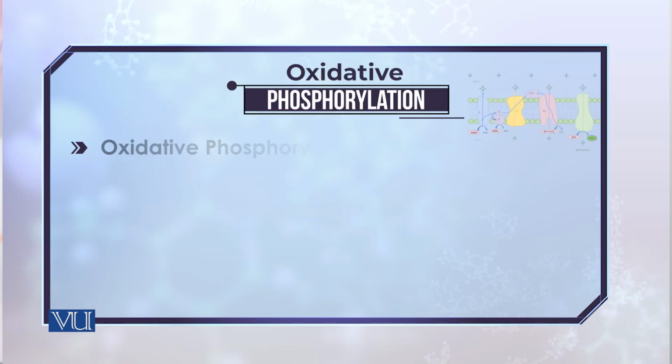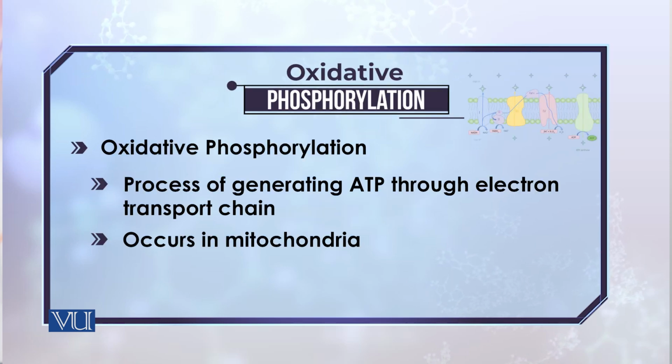Then there is oxidative phosphorylation. Again, you must be familiar with this term. Oxidative phosphorylation is the type of phosphorylation in which oxidation occurs, and it takes place in mitochondria. In higher eukaryotes, in us for instance, in mammals, this is a very efficient energy producing mechanism.